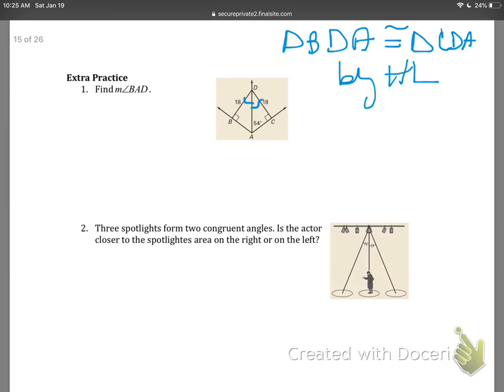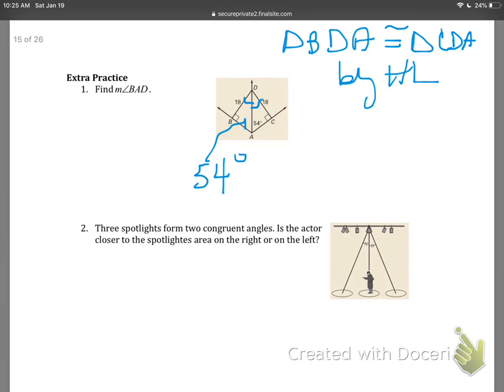Okay, if those angles are equal, then that means ray AD is a bisector, and if that is the case, then I now know that angle BAD is also 54. So right in here, this angle is also 54. Once I've established the congruency, I then can also establish the angle 54 degrees for BAD.